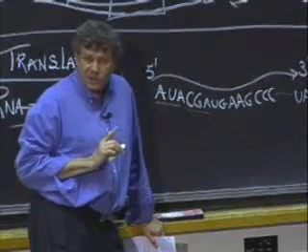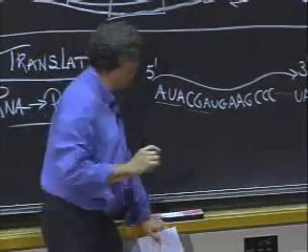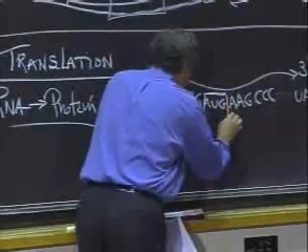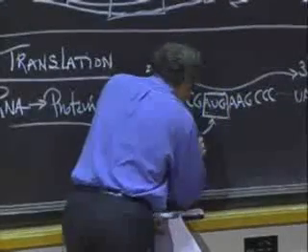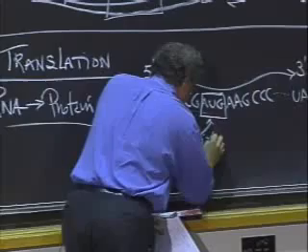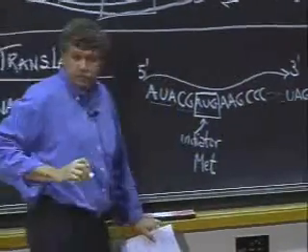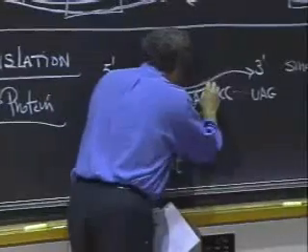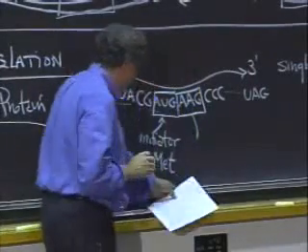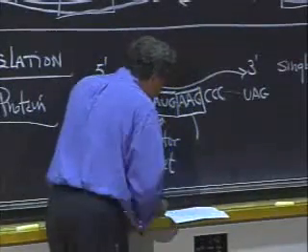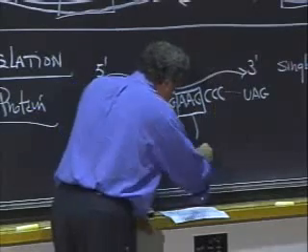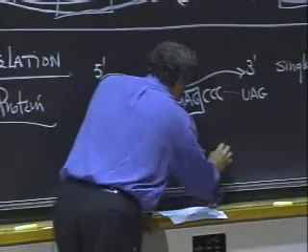No, it always starts at the same codon, and that codon is AUG. This is an initiator codon, and it encodes a methionine. Then the next codon down encodes lysine, arginine, etc.